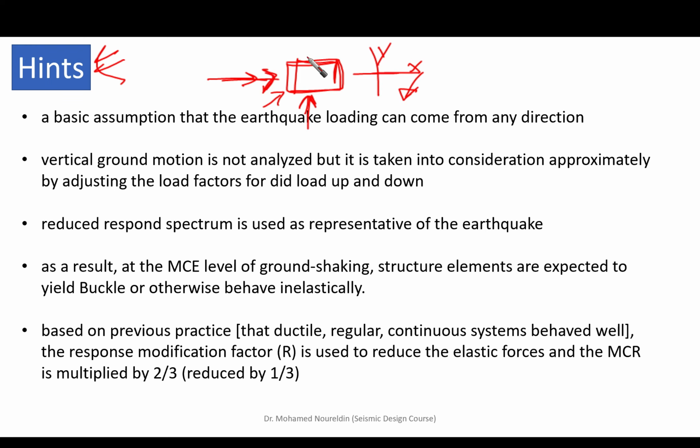But actually, we're not sure of the angle of attack of the earthquake. This is why we check our structure for different load cases, and the load combinations should consider different load directions.